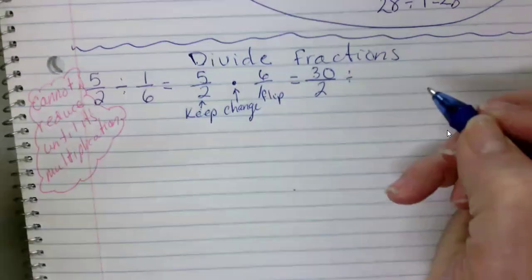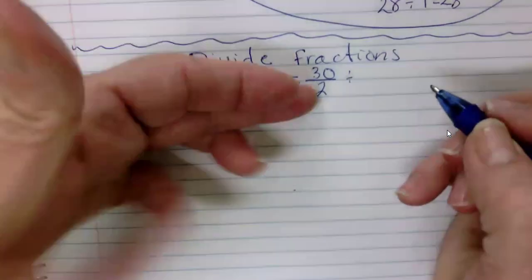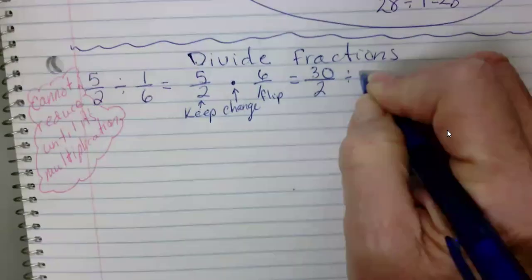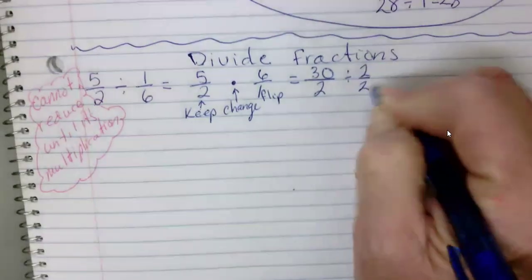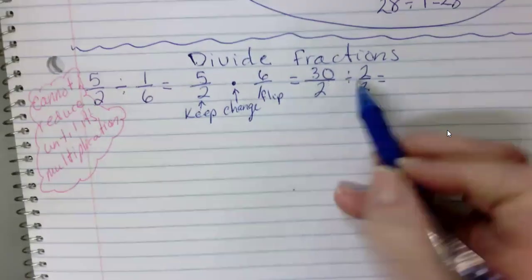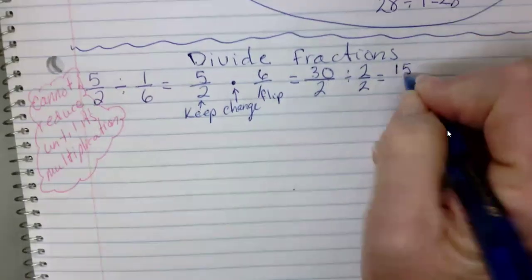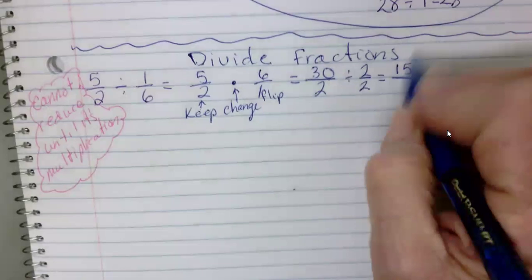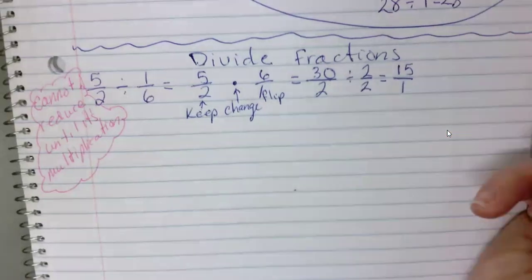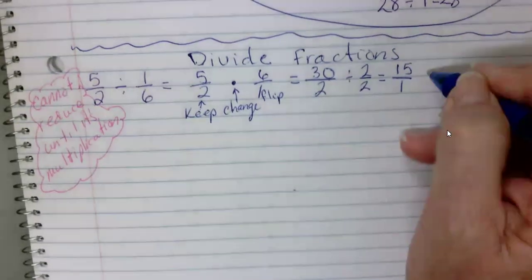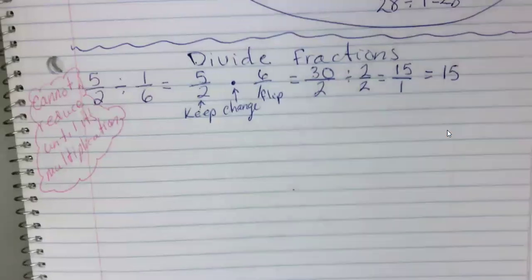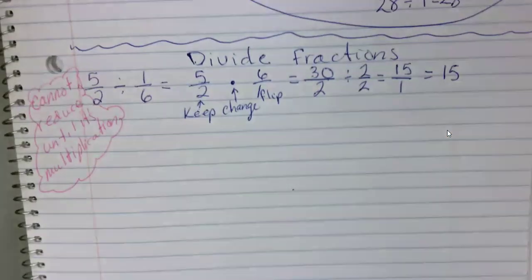Here, you can either know that 30 divided by 2 is 15, or we can reduce it by using 2/2. 30 divided by 2 is 15. 2 divided by 2 is 1. And then when we have a fraction over 1, we typically write it as just a regular kindergarten number. So our answer is 15.